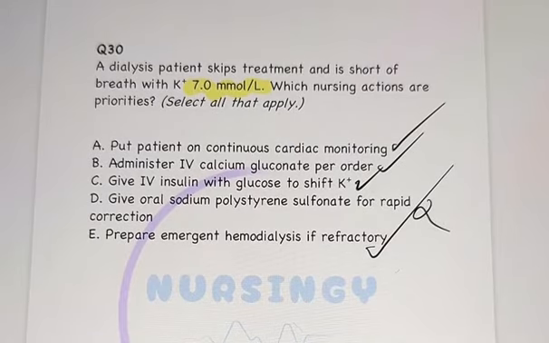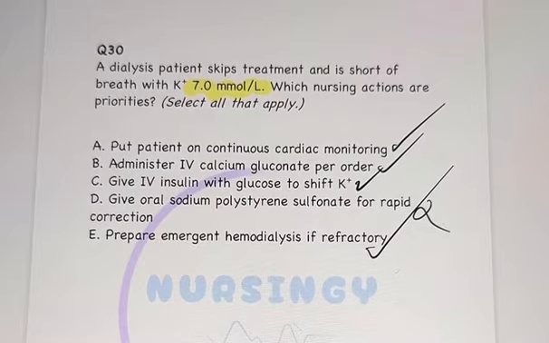Thank you guys, we did 30 questions today. That's a lot. We will come back tomorrow, same time, 10 p.m. EST, for another 30 questions. We will cover how we correct potassium: you don't correct the potassium fast.